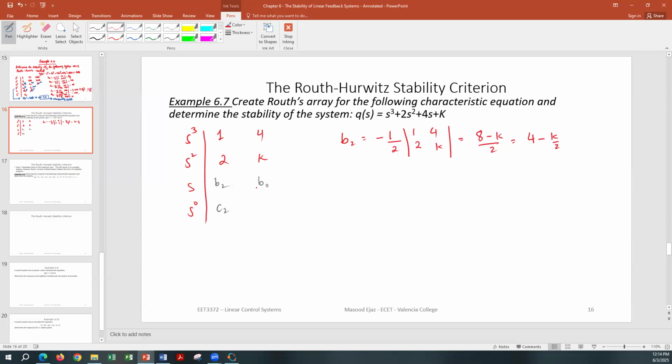So that's 0. And C2 will simply be -1 over B2 times the determinant of B2, K, 0, which will give us -1 over B2 times negative K B2. So simply K.